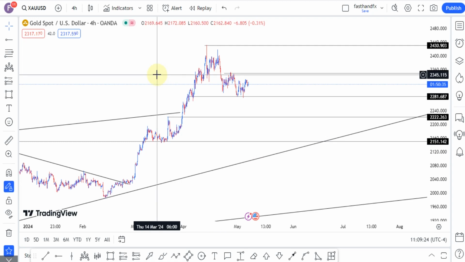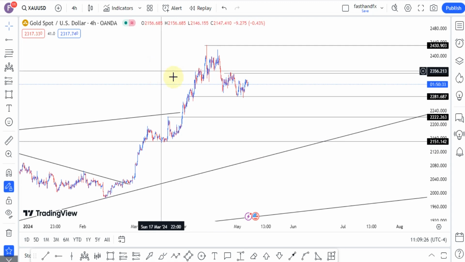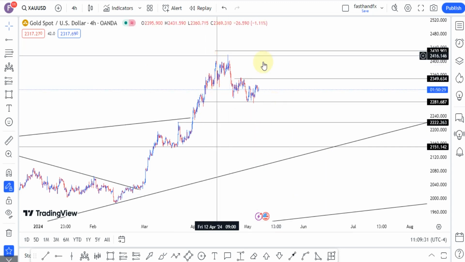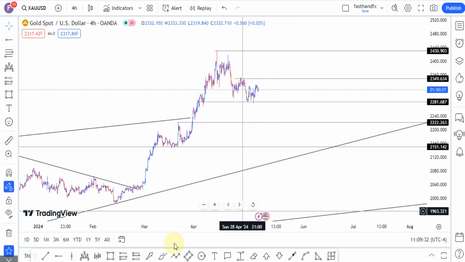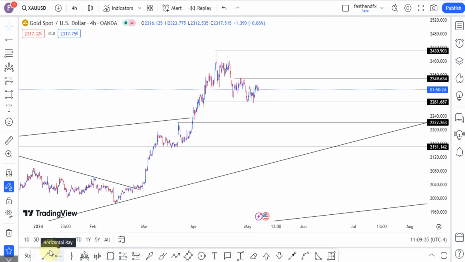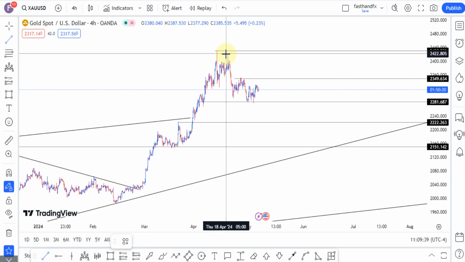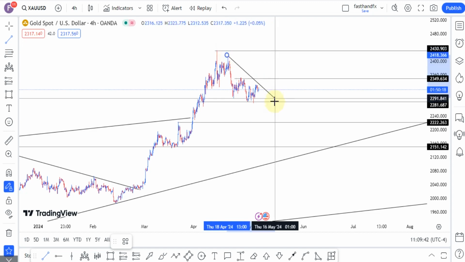And how do we use this information now to understand what we're doing in the market? When you look at this kind of structure up here, this is what we call a bullish flag. So let me draw it so that I can show you.